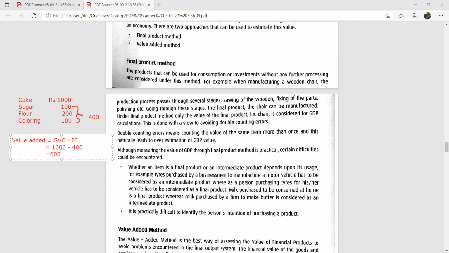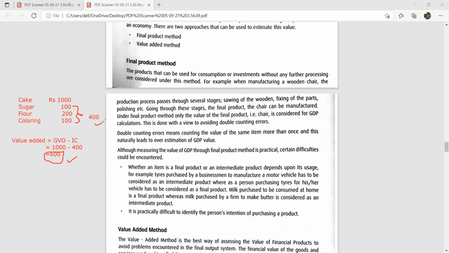So this is the value of the cake company. Then economists said only 600 should be taken to accounts. Meanwhile, 400 can be taken: sugar company value, flour, coloring, everything can be taken into accounts. Meanwhile, for the cake company, the value should be only 600.